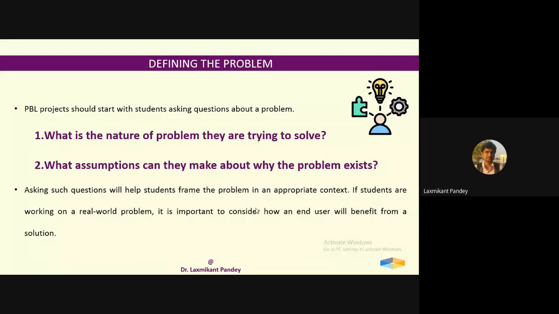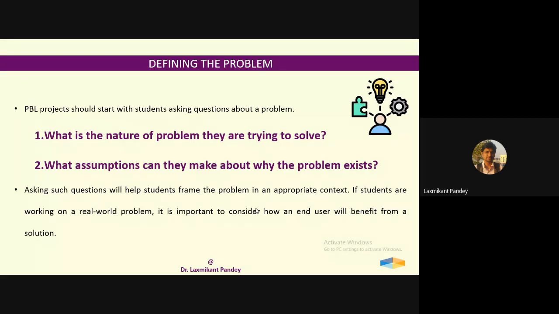So you cannot give any vast problem. It needs to be a specific problem, a specific project, which needs to be answered by the students. So the nature of the problem is very important. You cannot give a problem related to science to arts students, and you cannot give problems related to art to science students.